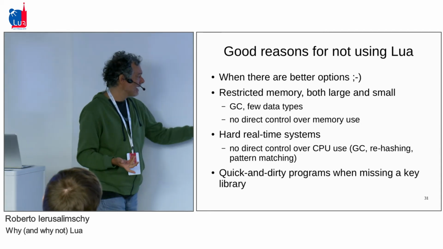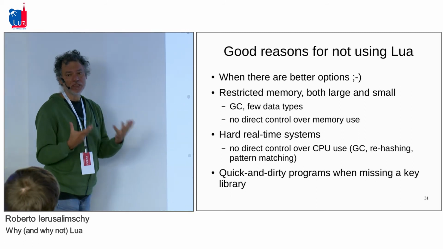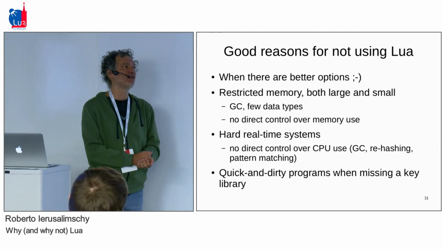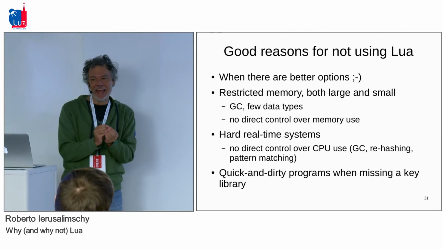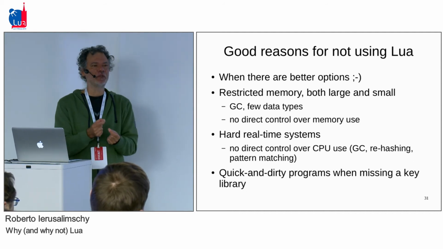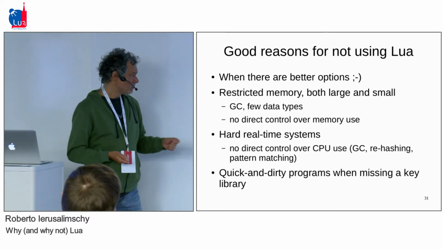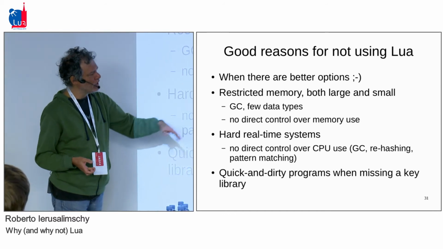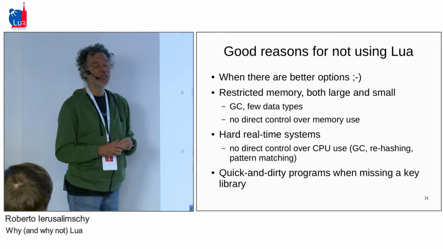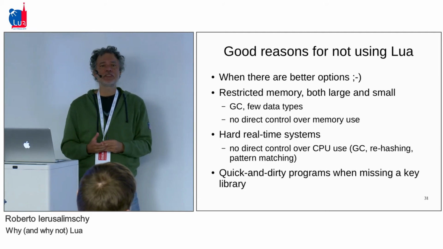So again, we do not have direct control over the CPU, unlike very low-level languages like C, where each operation is almost exactly what the CPU is doing in each instruction. Some examples: in Lua and in many other higher-level languages, you have garbage collection, you have rehashing, you use a lot of hashes and that kind of stuff.